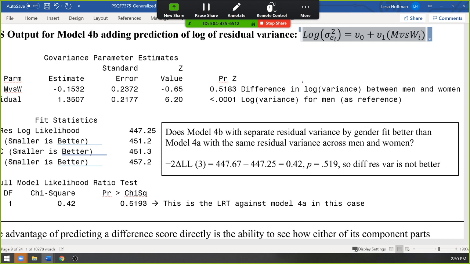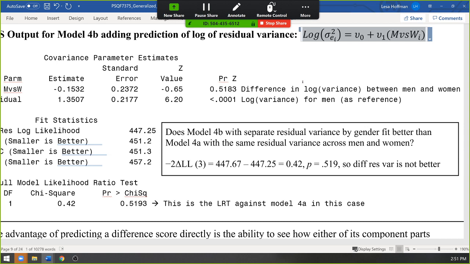The way that I'm doing it generalizes not just to grouping variables as predictors of differences of variance, but also quantitative predictors or interaction terms. It is a linear model predicting the variance amount. So it is a model that predicts heteroskedasticity with predictors. That's what we're doing.